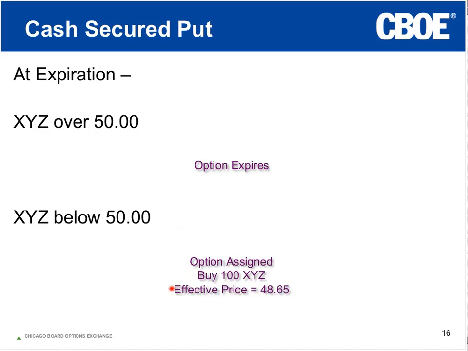As I mentioned on the payoff diagram, our effective price is $48.65. We have the obligation to buy shares at 50, but we got paid $1.35 when we put the position on. Subtracting $1.35 from that strike price of 50 gives us that effective purchase price of $48.65.